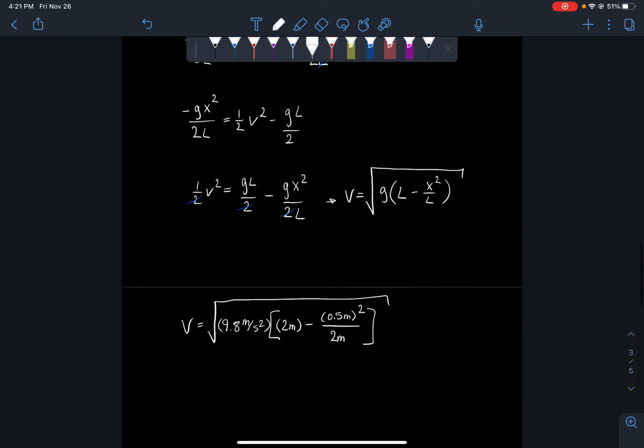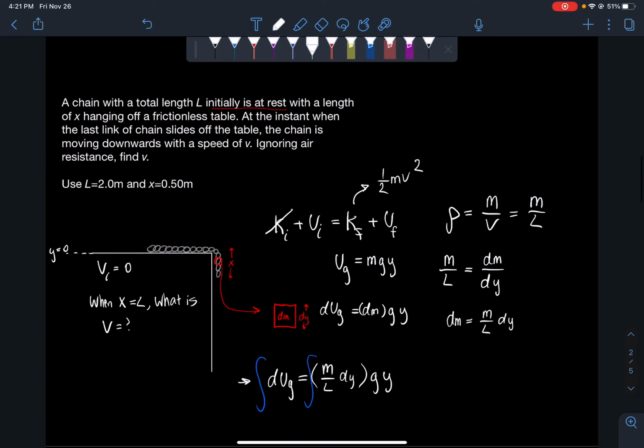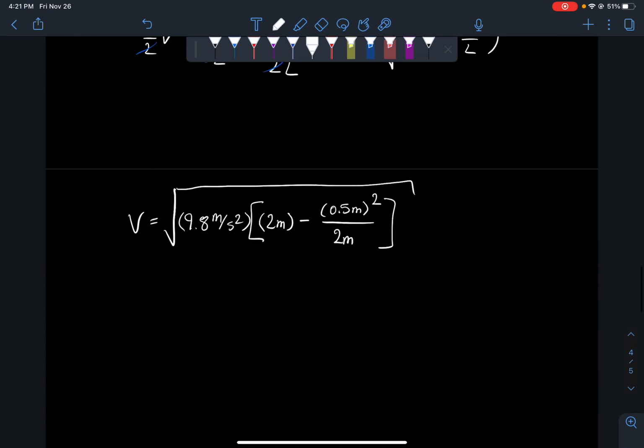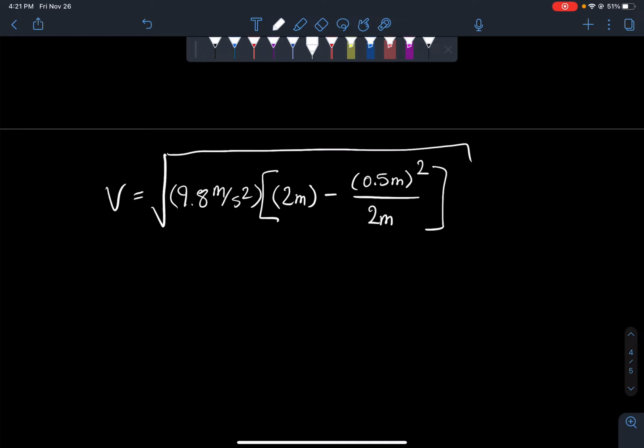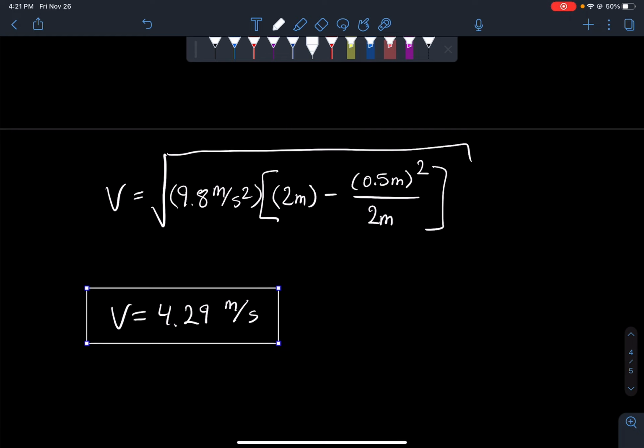Just going to check up here. L would be 2 meters. Yep, okay. So now we just need to crunch the numbers. And I did this on the side, but if you crunch the numbers, you're going to get v is 4.29 meters per second. And there's the answer.